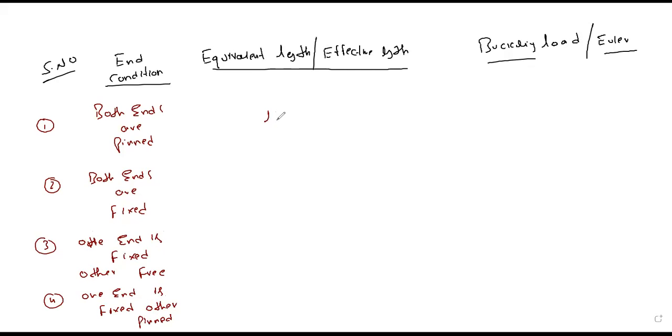L, L by 2, L by root 2. What, sir? The upper one is 2L, sir. One end is fixed, other end is free, the third one. Third one, sir. Right, yes. 2L. That is L by root 2. Yes, L by root 2, sir.